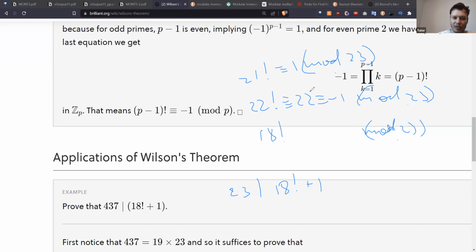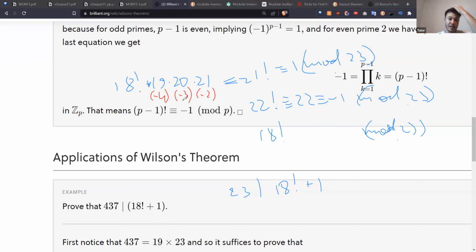So what is this? This is also congruent with 18 factorial times 19 times 20 times 21. Then what are these mod 23? 21 is congruent with minus 2, 20 is congruent with minus 3, and 19 is congruent with minus 4.